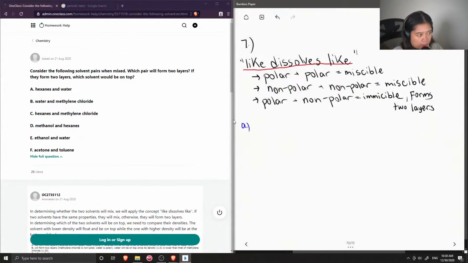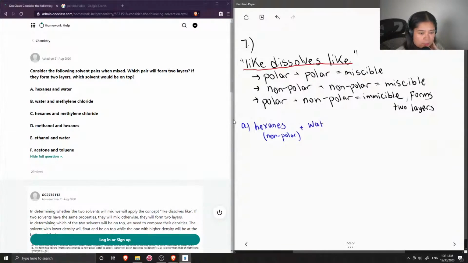Okay, so let's start off with hexanes and water. Hexanes are nonpolar, so they only contain carbon and hydrogen, and carbon and hydrogen have a similar electronegativity, so there are no dipole moments involved, so this is a nonpolar substance.